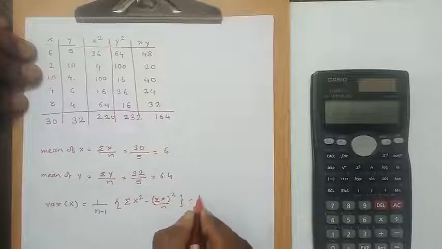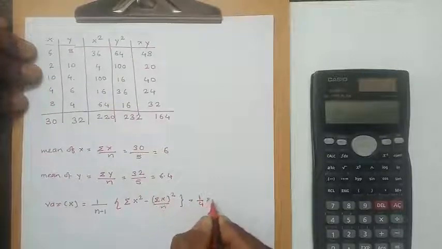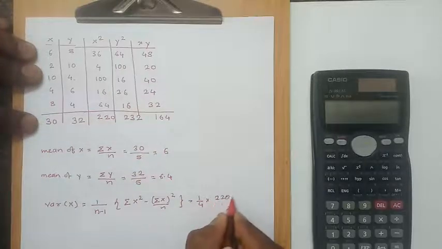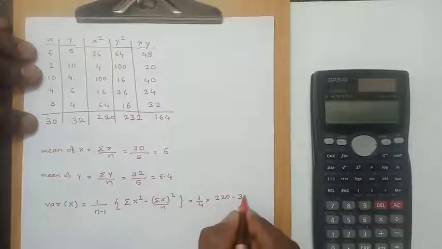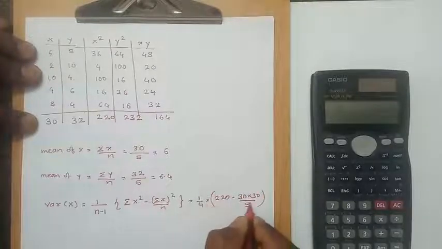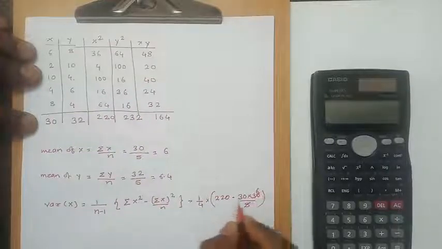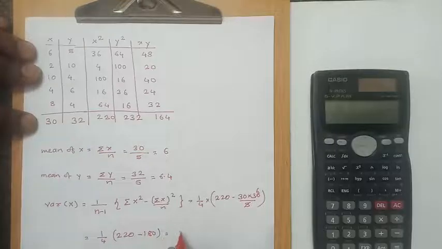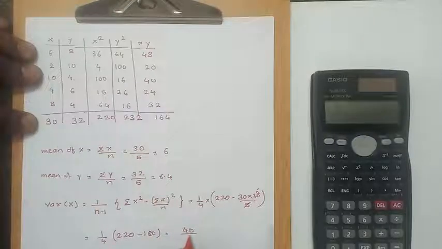So we get 1 by 4 into summation x square is 220 minus summation x is 30 square, so 30 into 30 divided by 5, so 5 into 6, so 180. So 1 by 4, 220 minus 180, which is equal to 40 divided by 4, which is equal to 10. So variance of x is 10.